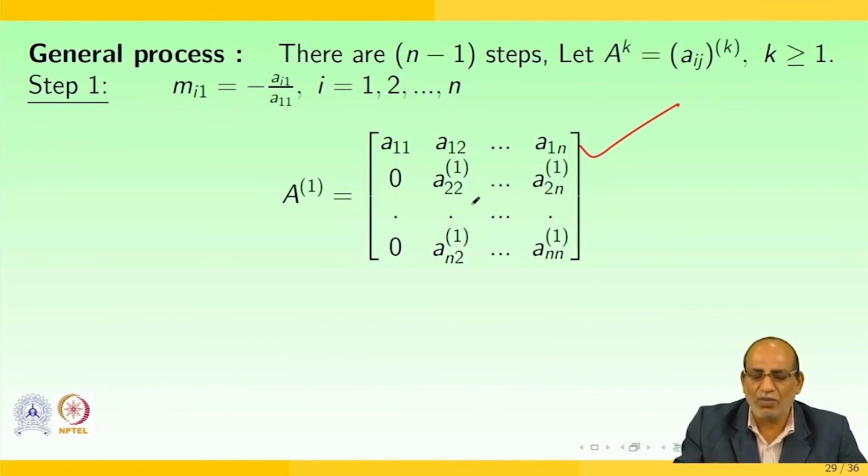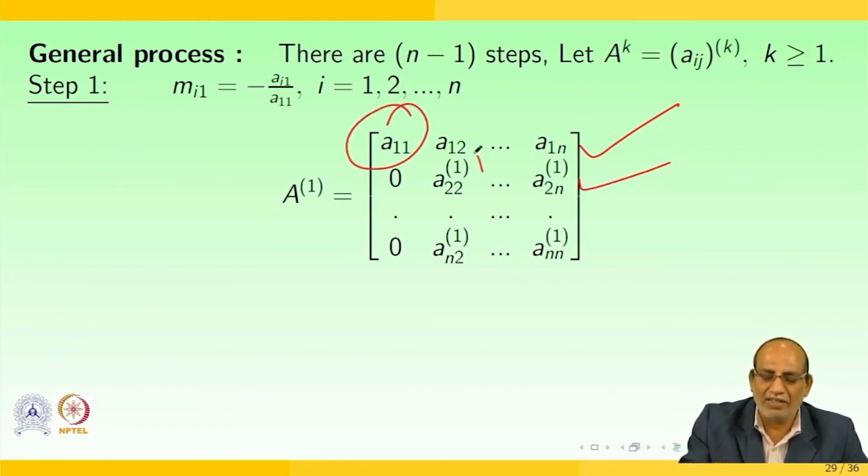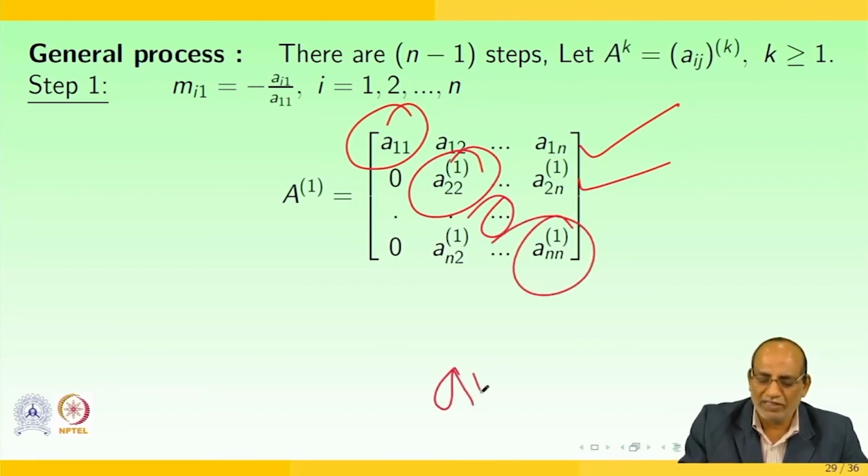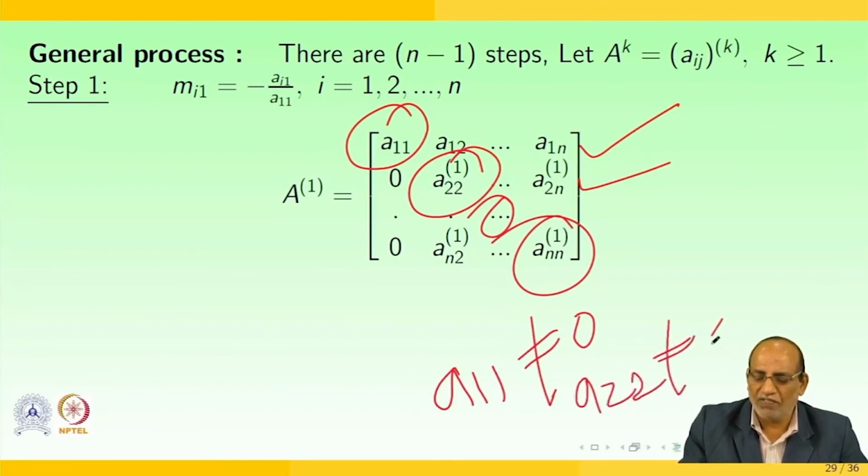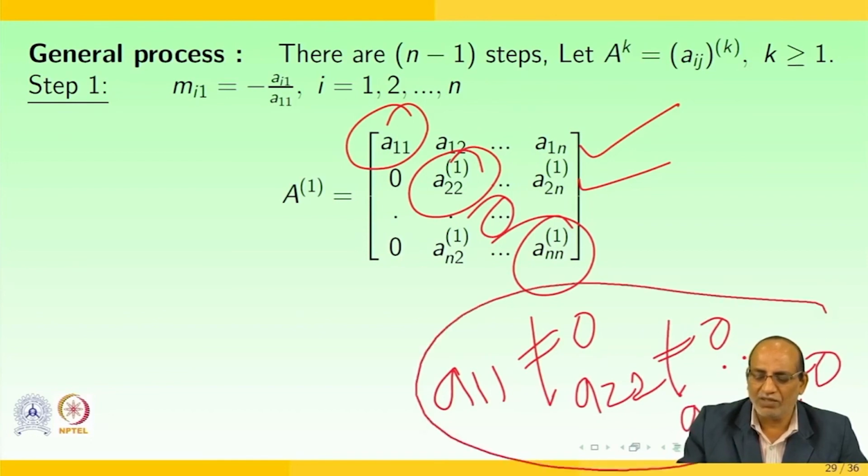The second row is 0, a22, and so on, and this is the pivot for the second row, this is the pivot for the third row, this is the pivot for the nth row. That means a11 should be free from 0, a22 should be free from 0, and in general, ann should be free from 0.